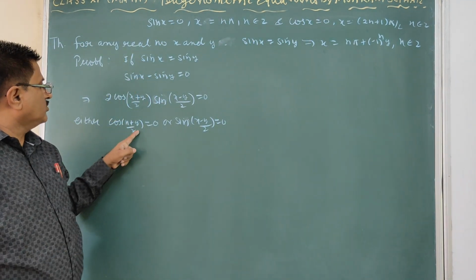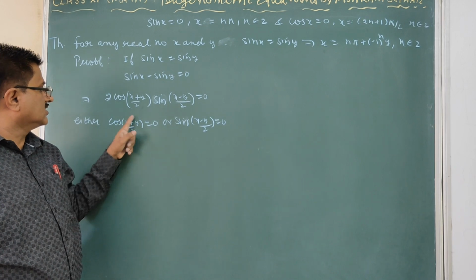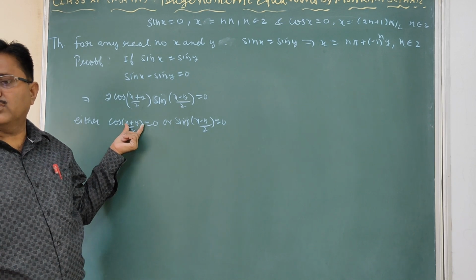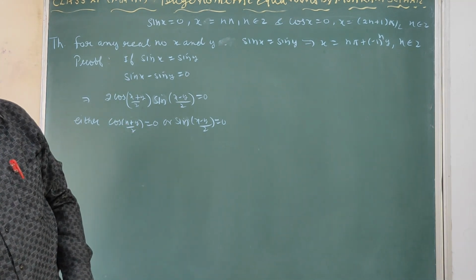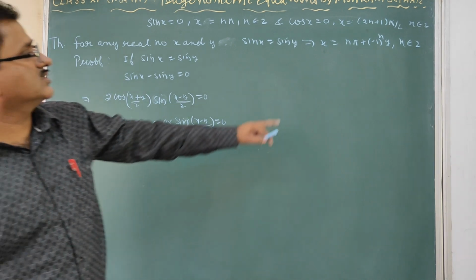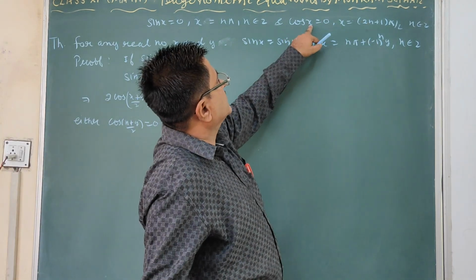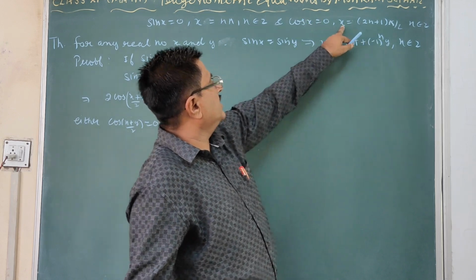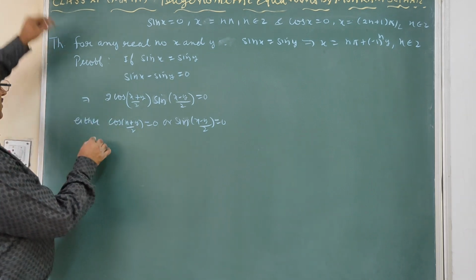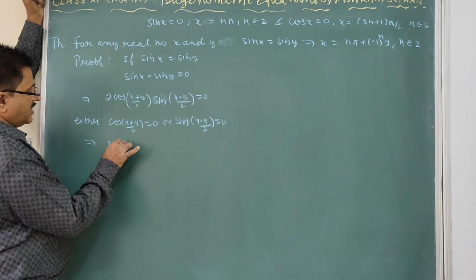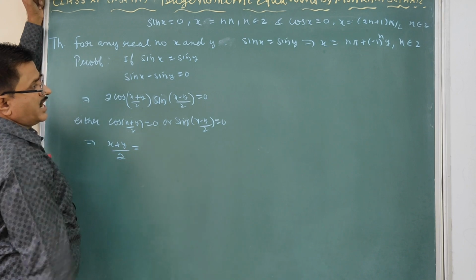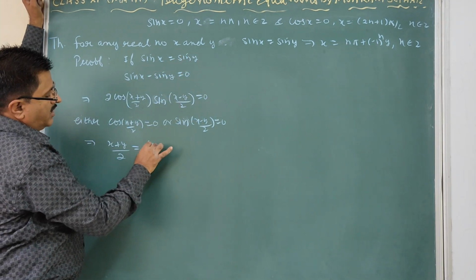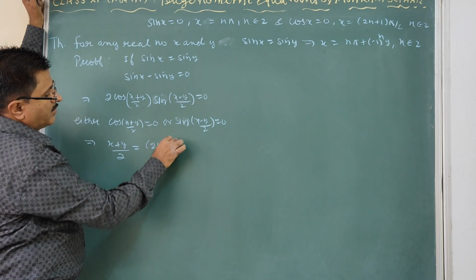So suppose our theta: cos theta equal to 0, then theta equal to 2n plus 1 into pi by 2. Here theta is x plus y by 2. So you can write therefore x plus y by 2 equal to odd multiple of pi by 2.